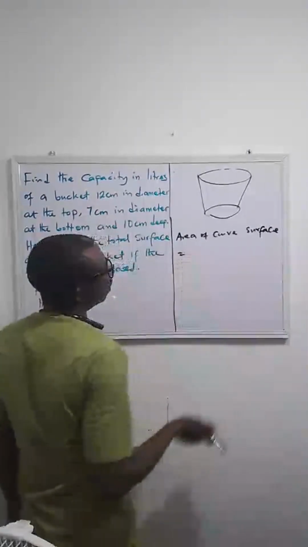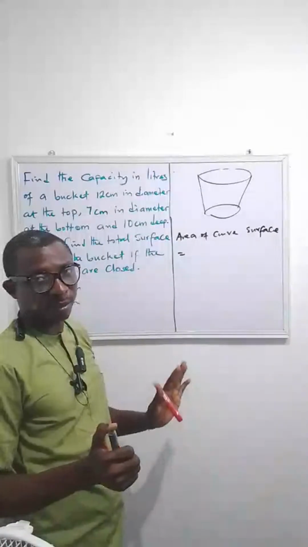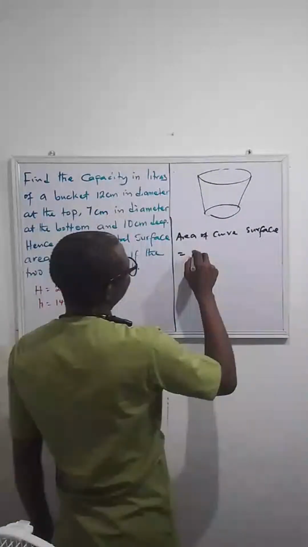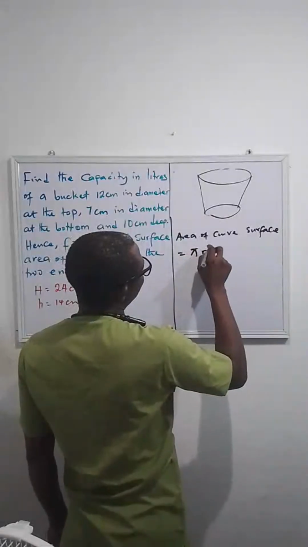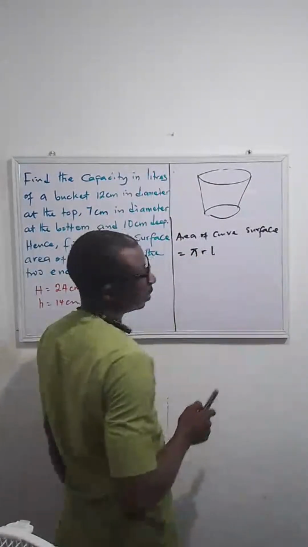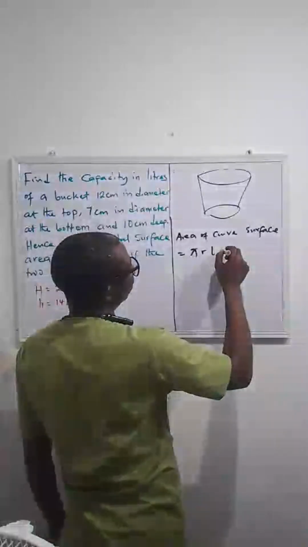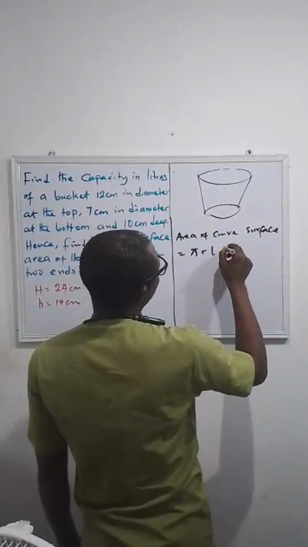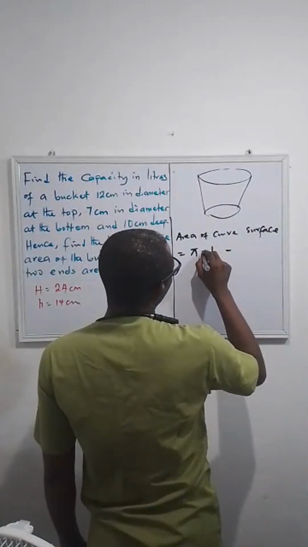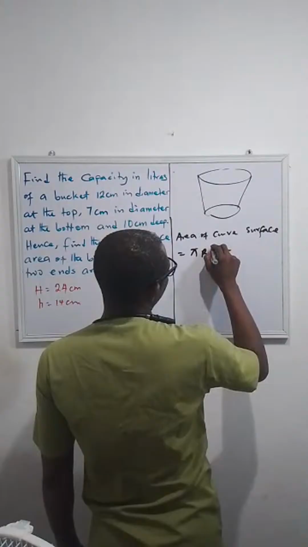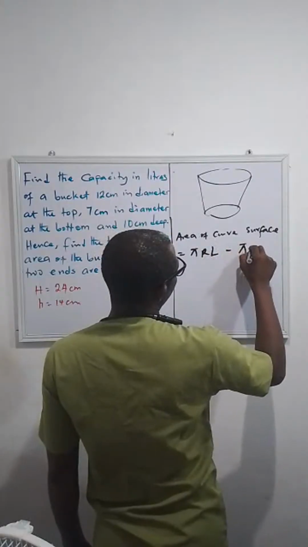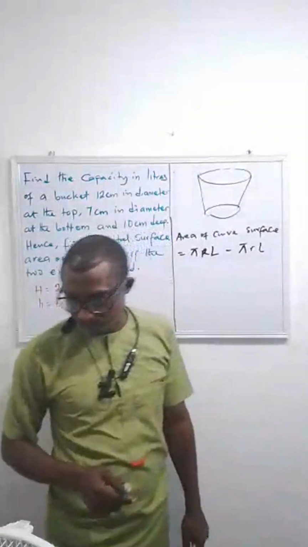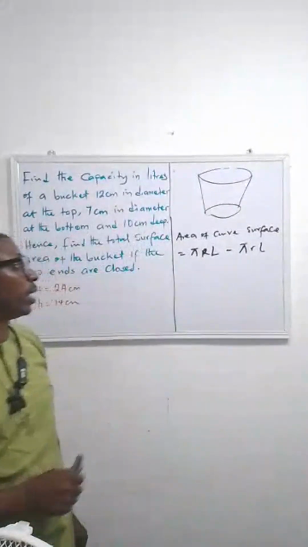That gives us the area of the curved surface of the bigger cone. All right, so area of curved surface, that is pi R L, minus the area of the smaller cone, what do we have now? That is pi r l. This should be capital letter R and L. Okay, so that is what we are going to do now.